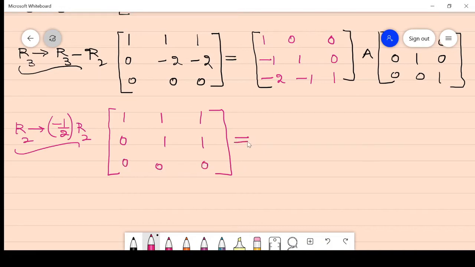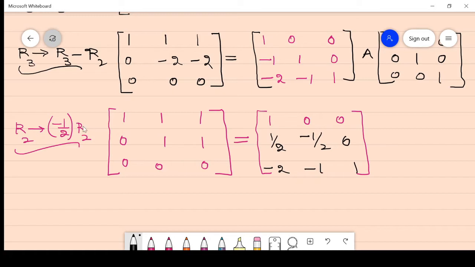Now again it affects this matrix. First will be 1, 0, 0, and then it is -1/2, so 1/2, -1/2, 0, again this term is -2, -1 and 1, so it only affects the second row.